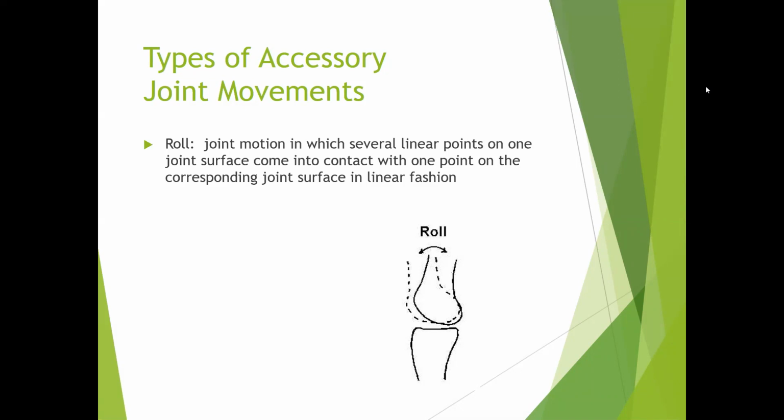So several linear points on one joint surface come into contact with one point on the other surface. Kind of get this rolling motion. Not much happens down here, but up here we get that roll. Make sense? Let's move on.